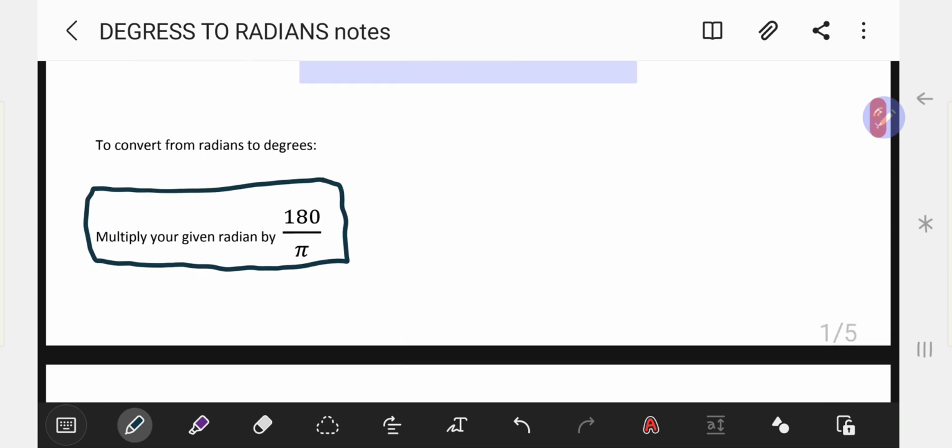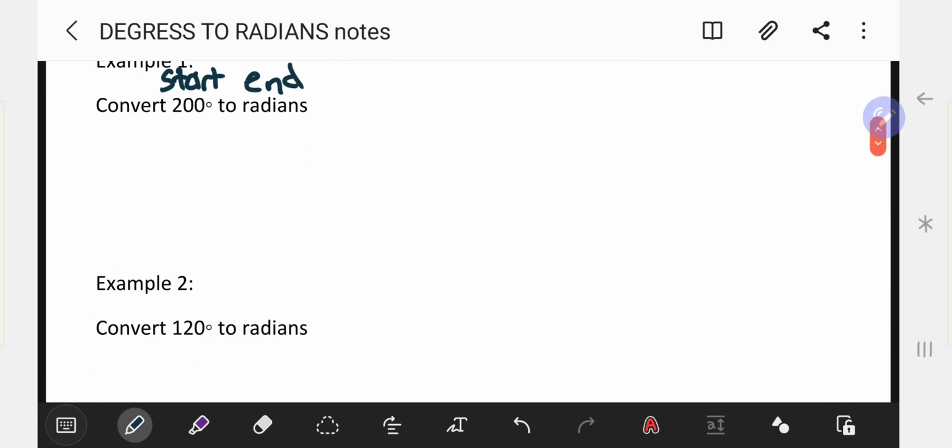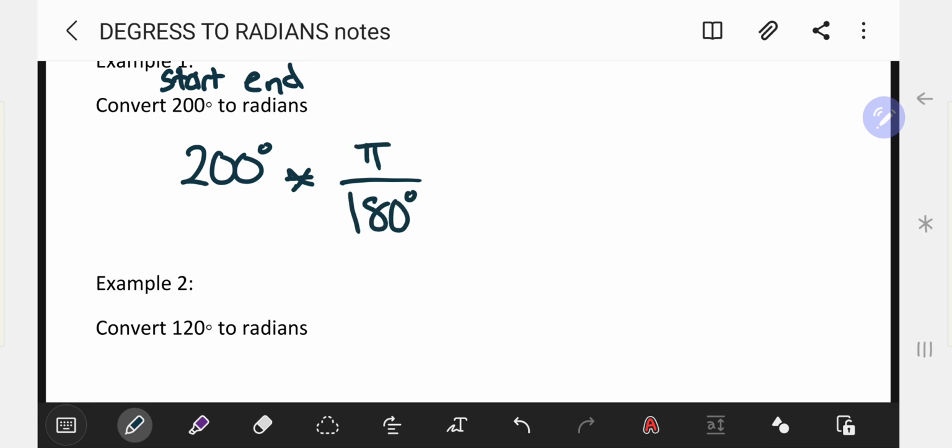So we're going to need to multiply what we're given by pi over 180. And that's what you should have already copied up at the top. Okay, so we multiply our given by pi over 180.